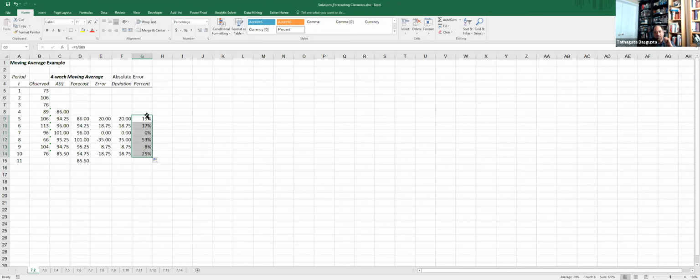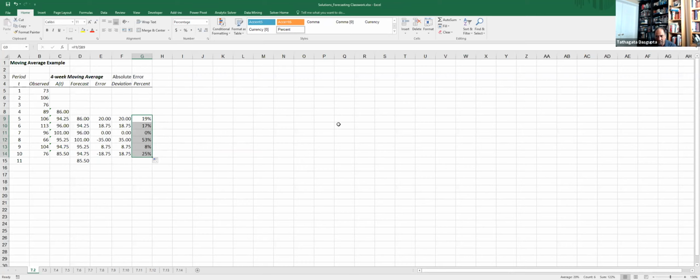If you just look at these numbers, 19, 17, 0, 53, 8, 25, you see it's making a very good estimation in period 9, but very bad in period 8. And if you take a look at the numbers you've highlighted toward the bottom of your screen, you see the average forecasting error is 20%.